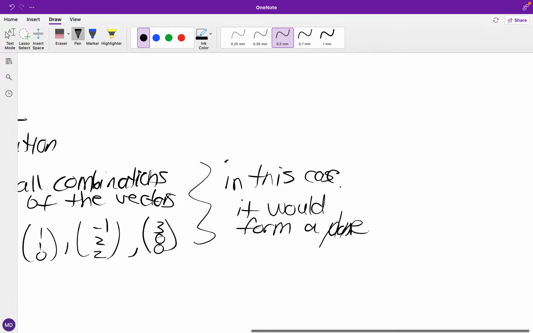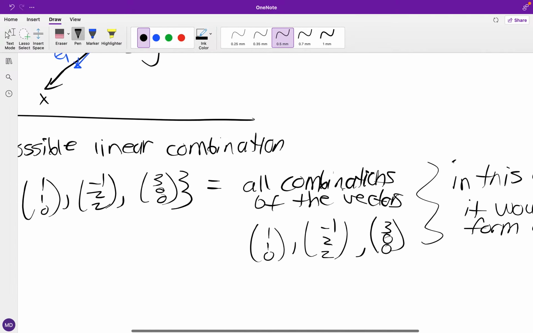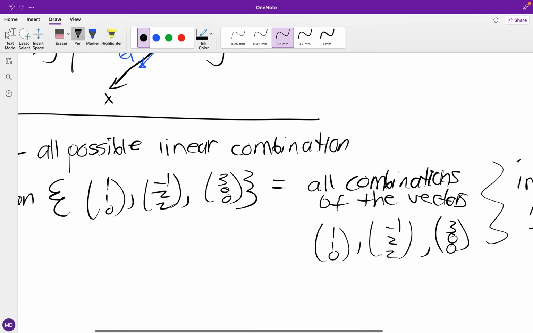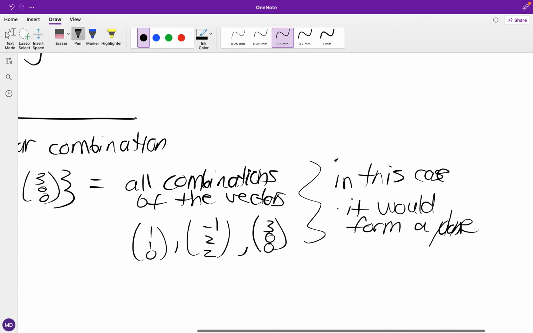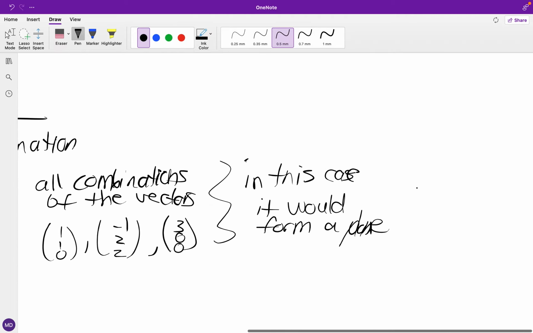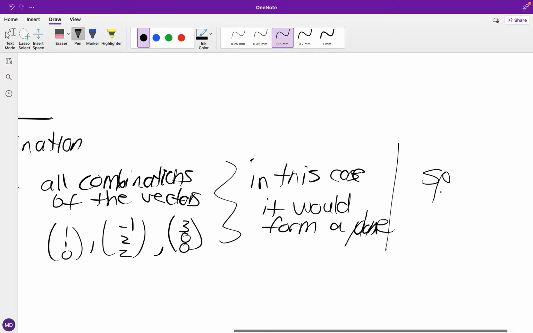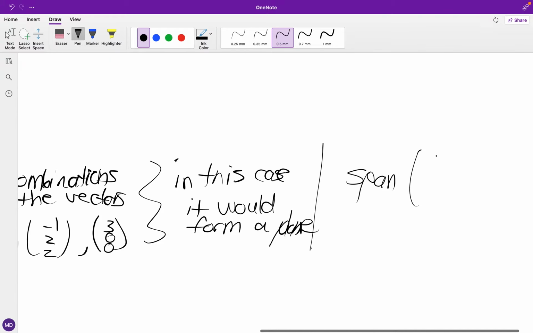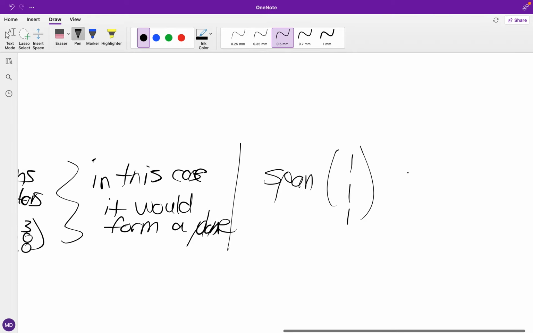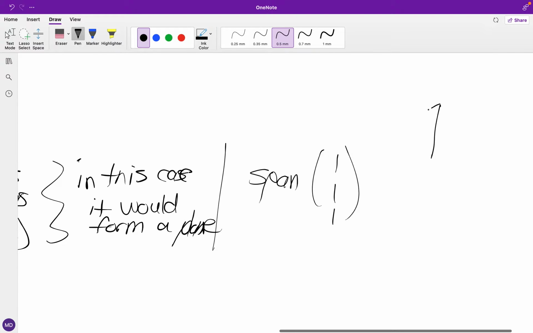But in general, the span of vectors forms a geometric object, a plane, or a 3D object, a line, etc. Another easy example would be the span of the vector 1, 1, 1. If you think about it in terms of our coordinate axes, just to picture what span means, we have x, y, z.